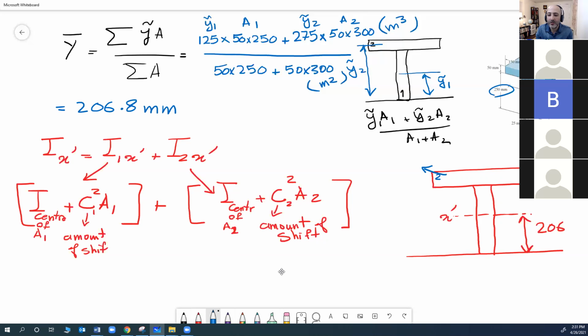So the I about centroid of area 2 is going to be 1 over 12 something multiplied by something to the power of 3. Which one has the power of 3, and which one doesn't, for this area only?